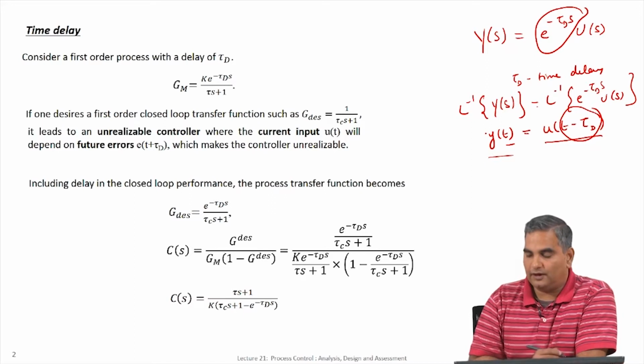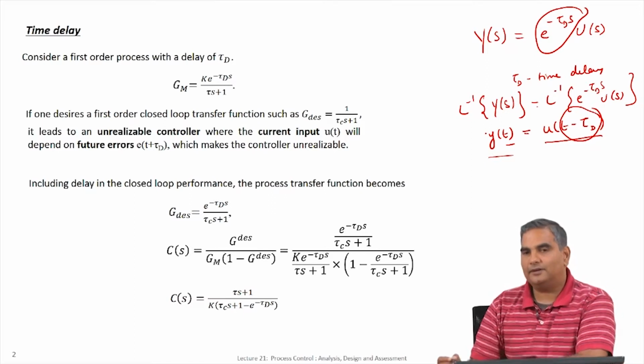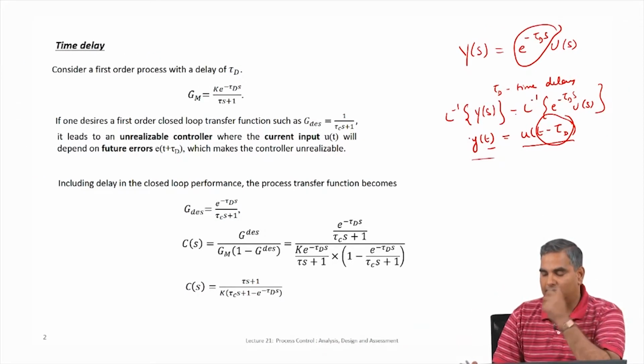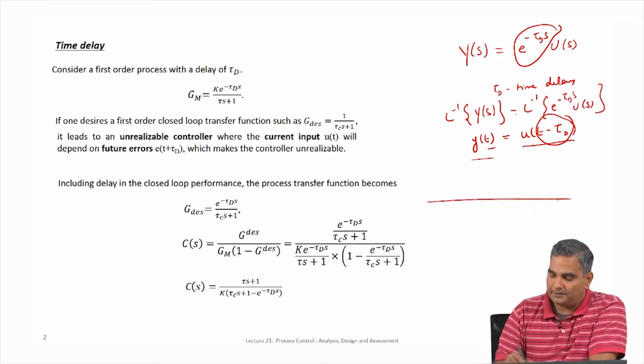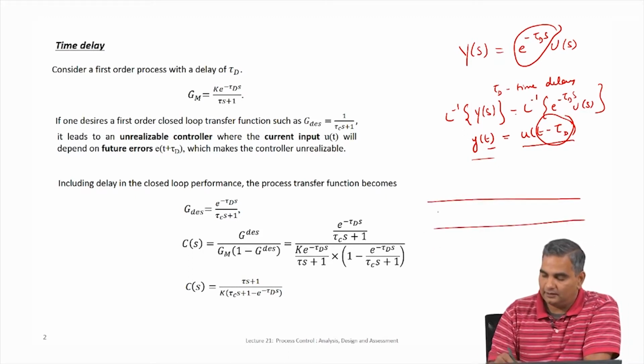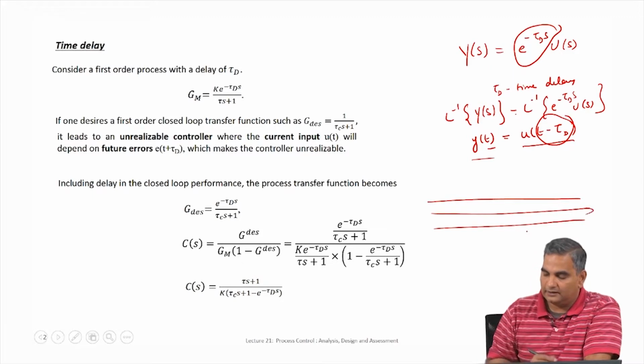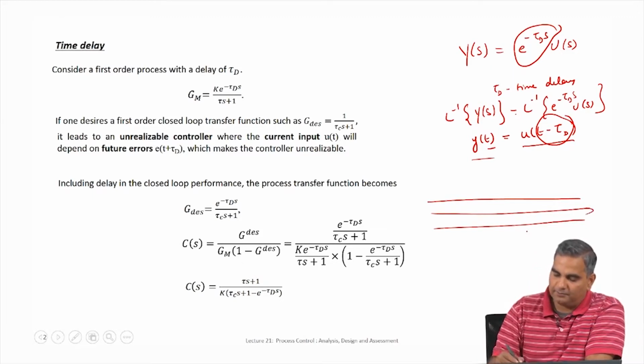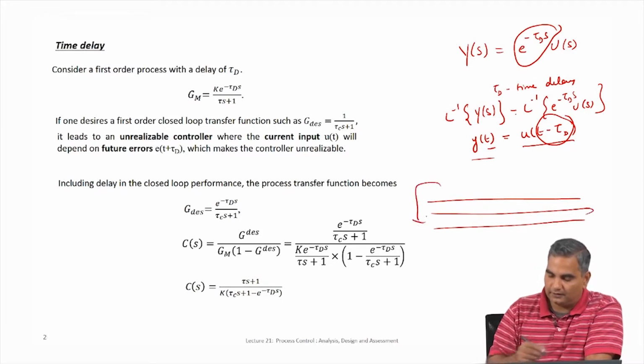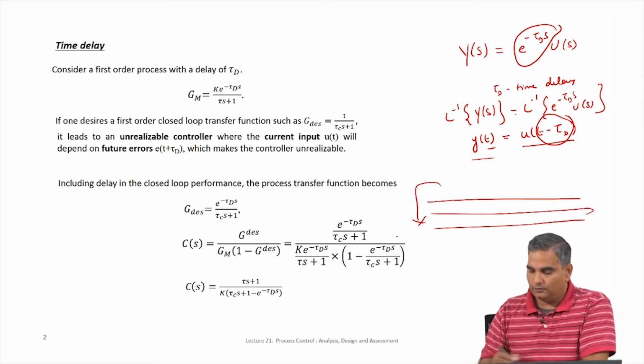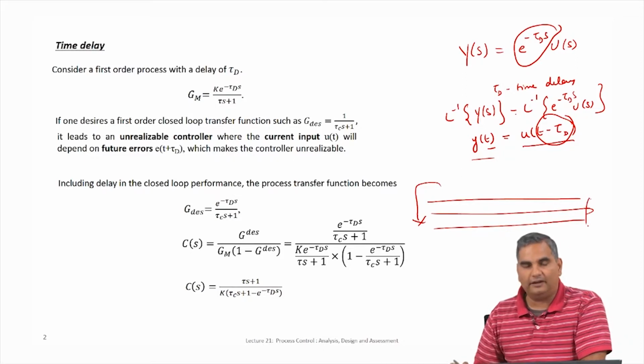Okay. So, this is the idea of time delay, and this is something that you see in real life. For example, if you have a long pipe, and at steady state the flow is constant, and then suddenly you increase the flow here, the effect of this increase in flow is not going to be felt here right away.